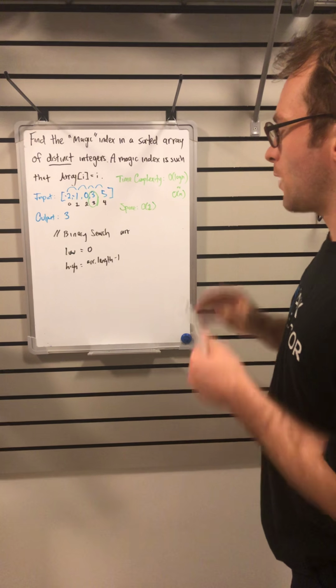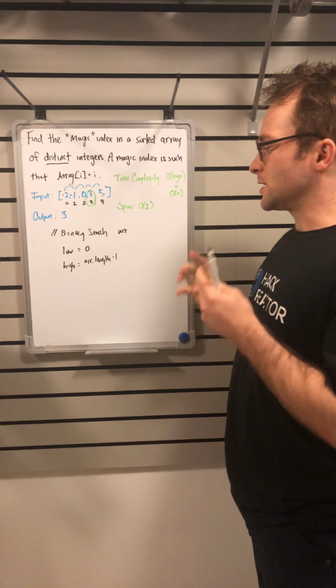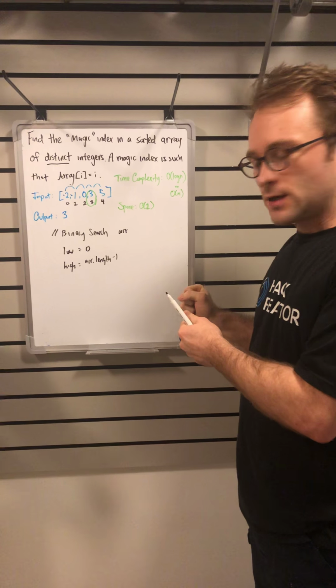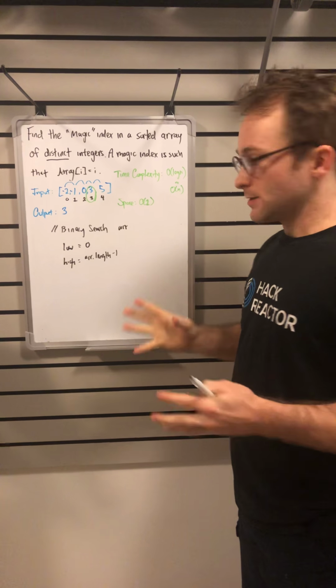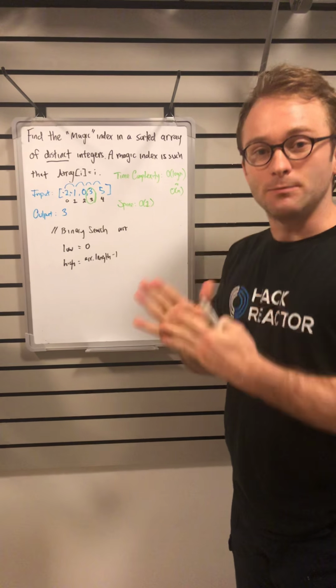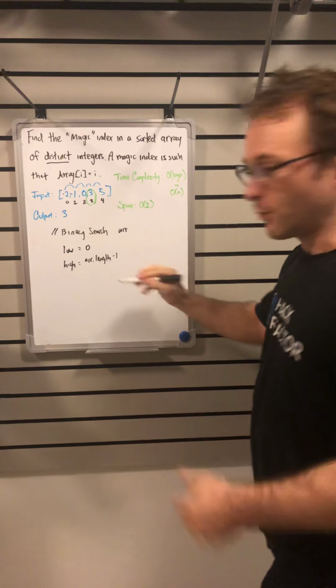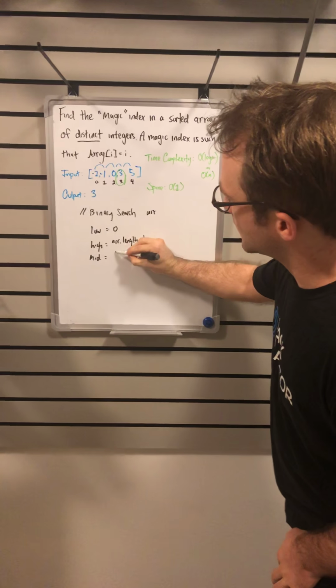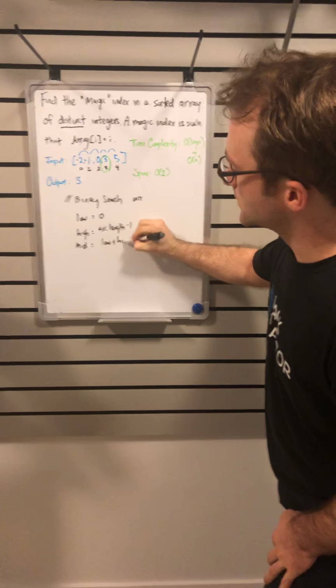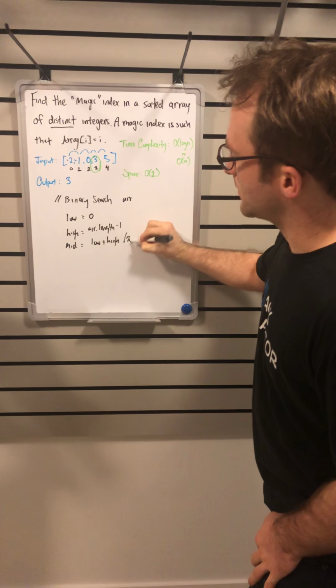And how we are going to use these is we're going to add them together and divide them by 2. Binary, right? To give us our midpoint. So that's the next step we want in this logic. We want to take our low, add it to our high, and divide it by 2.